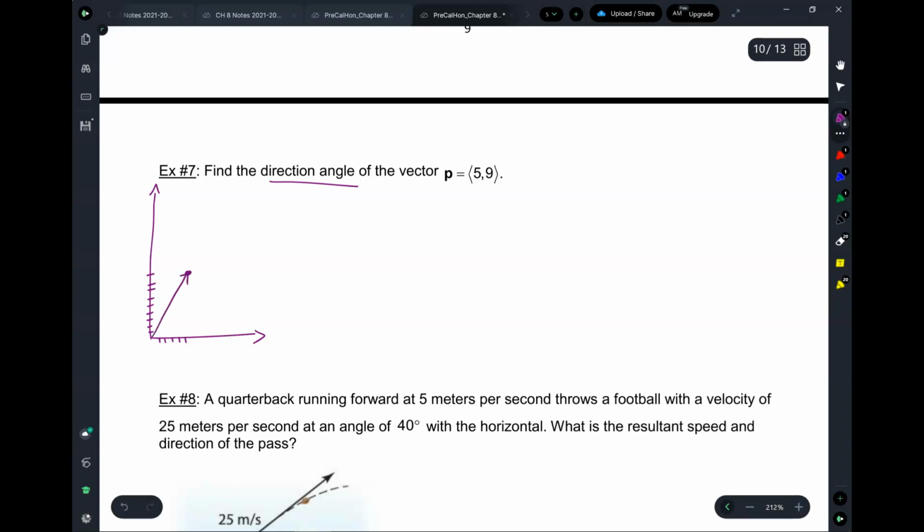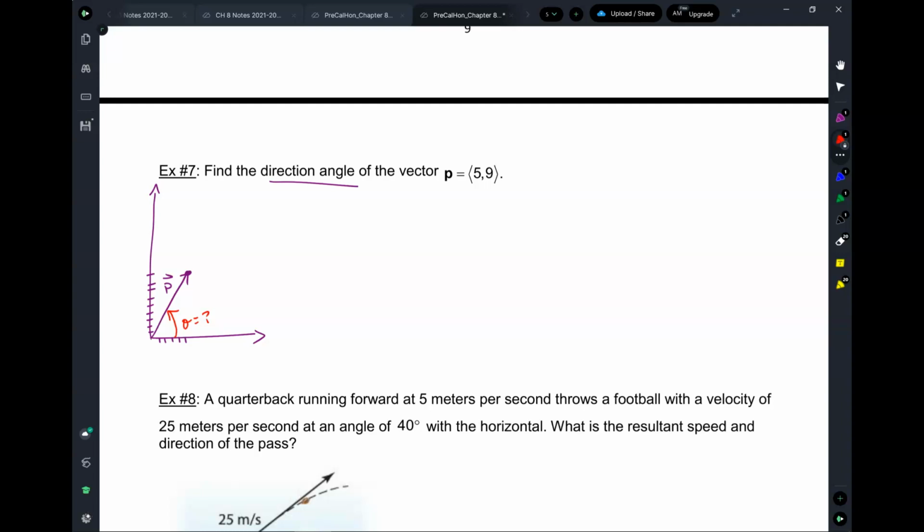So that's the vector p. If I want the direction angle, remember what the direction angle is. It's the angle from the horizontal line up to the vector. So that's the angle theta that we need to look for.